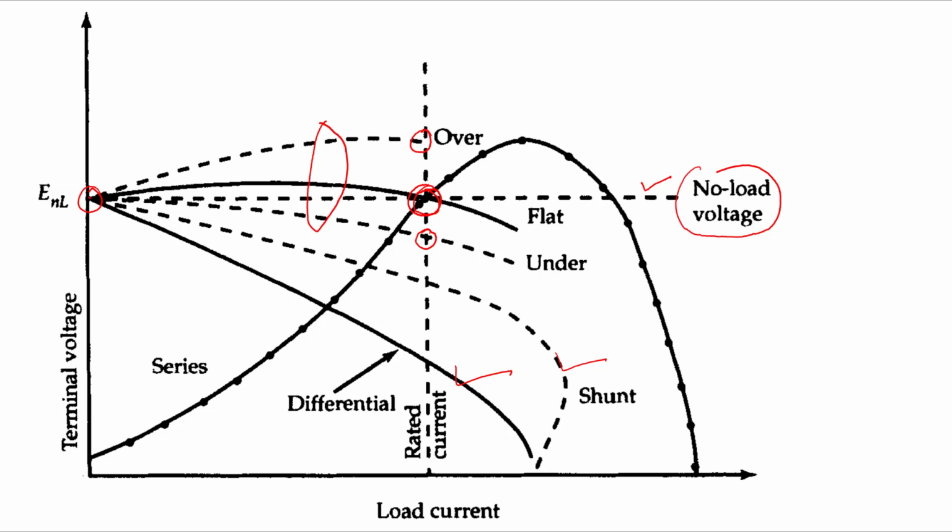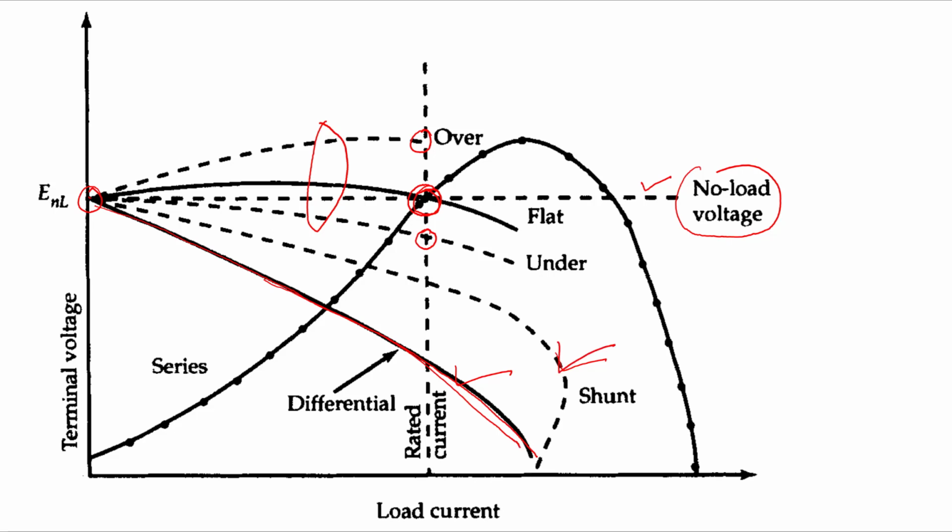It is not possible because the series flux is opposing the main flux, right? But it is possible in case of cumulative, by adjusting the series flux, we can get such characteristics, right? Now, in case of differentially compounded, we'll get this curve we are seeing here.